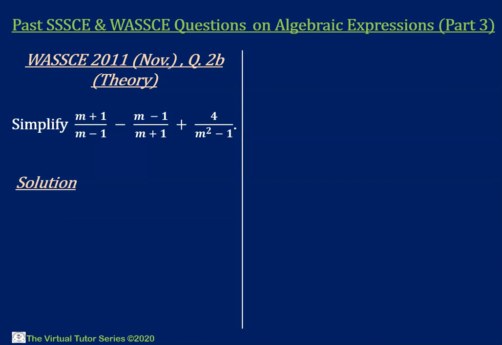Solution. We are given the expression m plus 1 all over m minus 1 minus m minus 1 all over m plus 1 plus 4 over m squared minus 1.